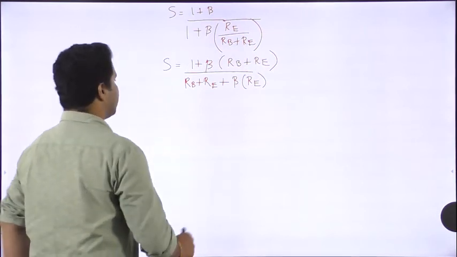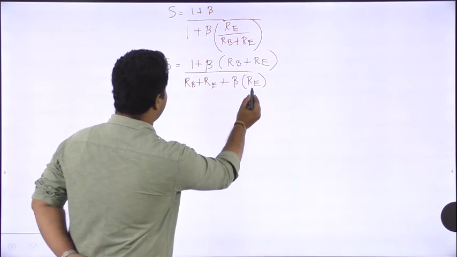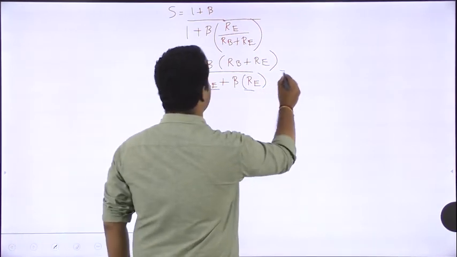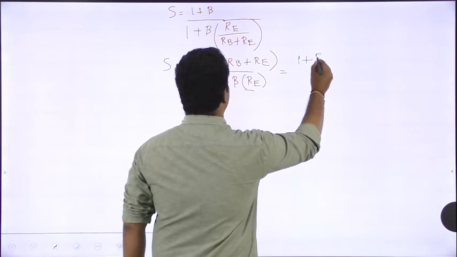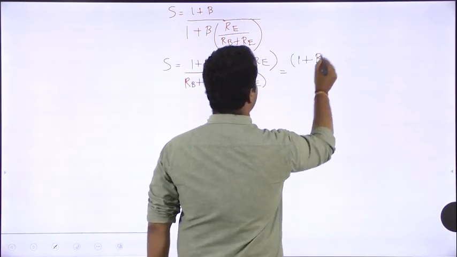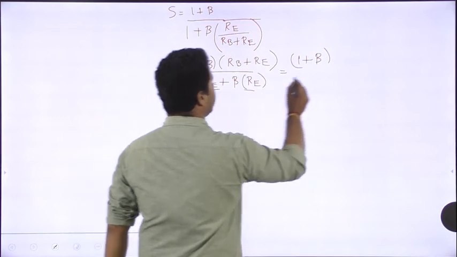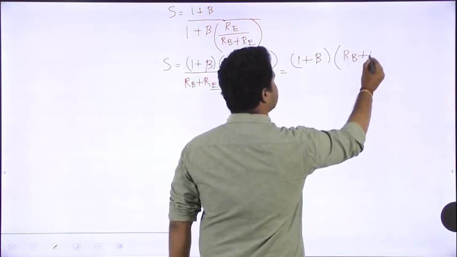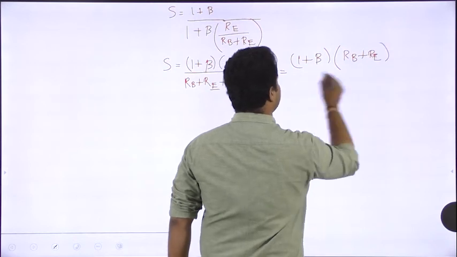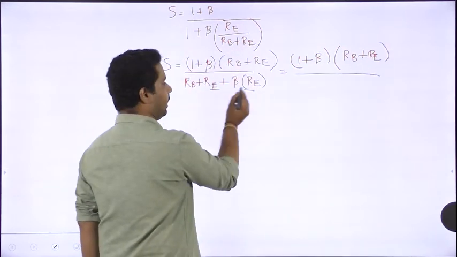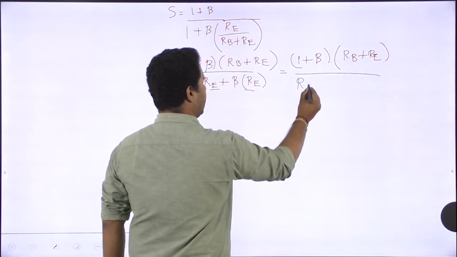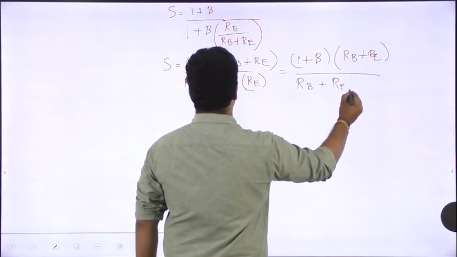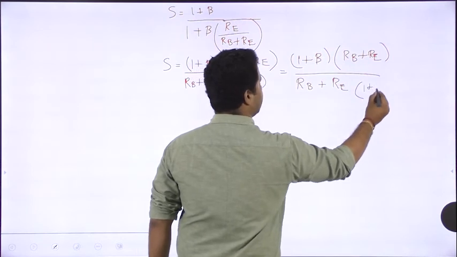So now we can see that this RE term we can take common. So it will be equal to 1 plus beta into RB plus RE. So here in the denominator I am taking this RE term common. So it will be RB plus RE into 1 plus beta.